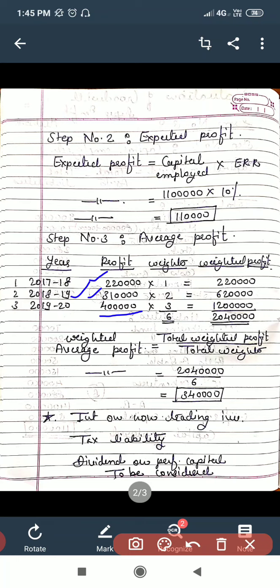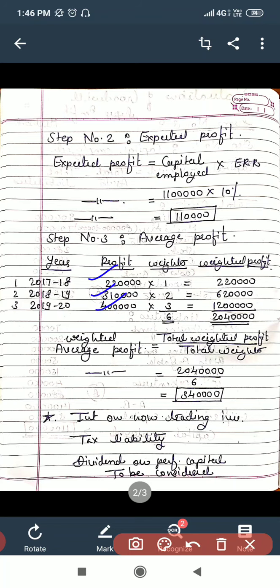How am I concluding this? 2,20,000 plus 90,000, how much are you getting? 3,10,000. It means the profit is increasing every year by rupees 90,000. And if it is 3,10,000 in 2018-19, adding 90,000 gives rupees 4 lakhs, and that is how we derive all our profits for all the 3 years.